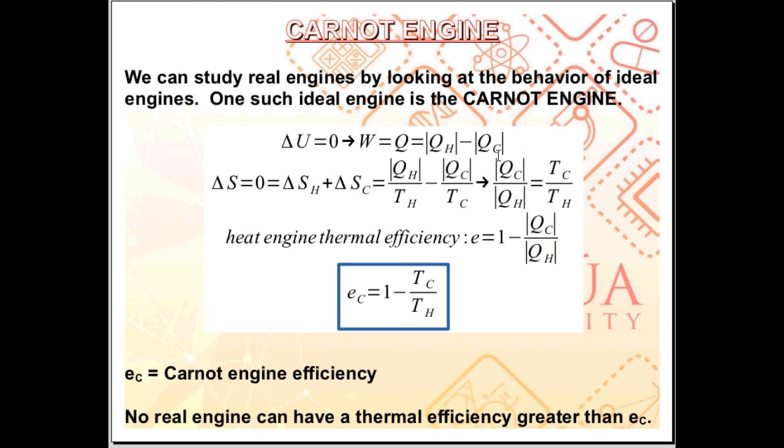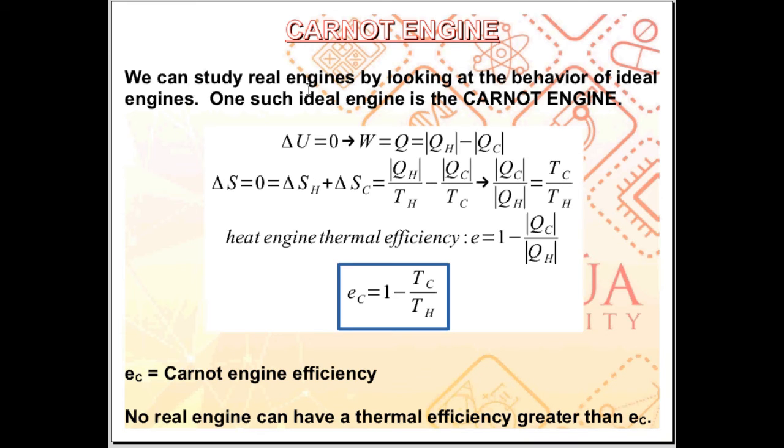And if you have QC, you have delta SC. And delta S is equal to delta SH plus delta SC, the total change in the entropy of the system. Now, delta S is equal to or greater than 0.